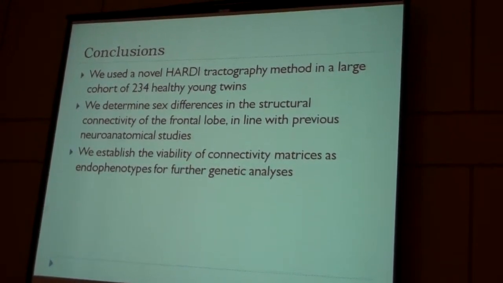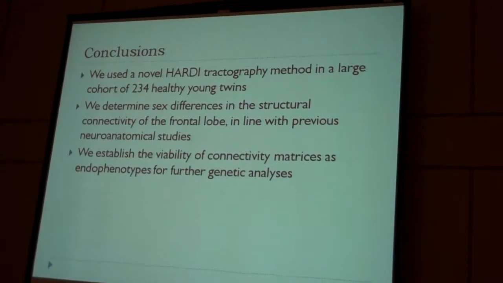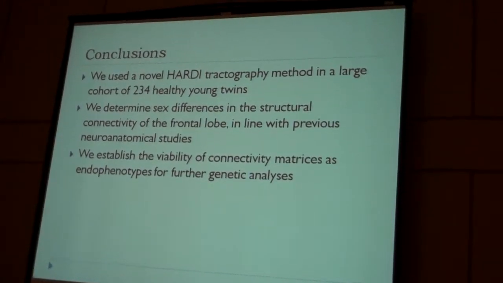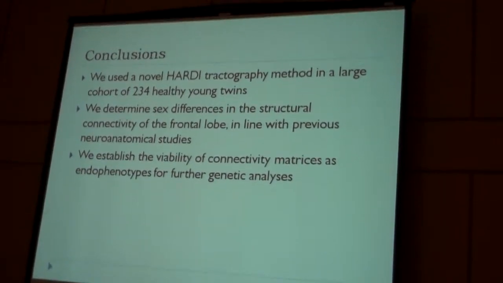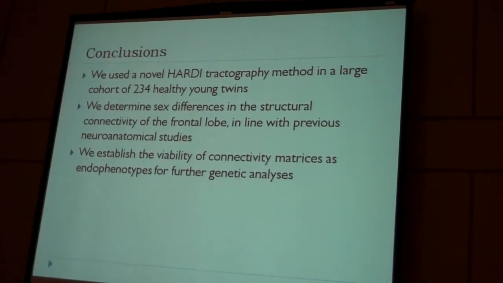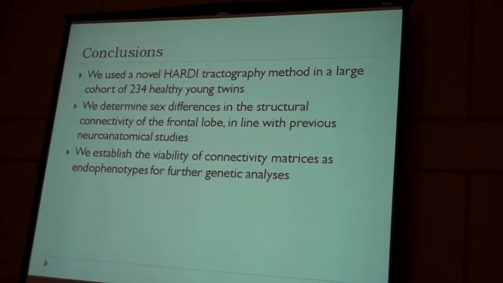We also established the viability of a connectivity matrix in extracting heritability information from subjects where we have monozygotic and dizygotic twins, and its future use in genetic studies relating to cognition and disease.